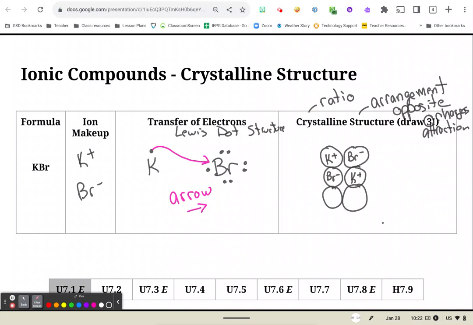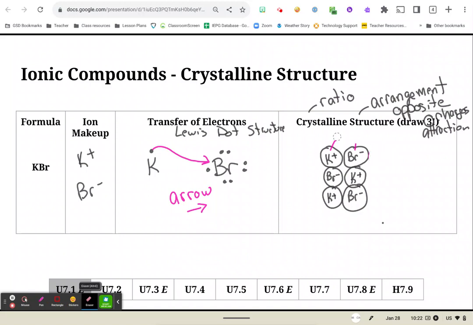And then again, to draw a third one, K+, Br-. All right, so when I say we're looking for the ratio, for every 1 potassium, you have 1 bromide. You would not want to draw this because now you have 2 potassiums for every 1 bromide, and then that doesn't match the formula. All right, so that's the crystalline structure.